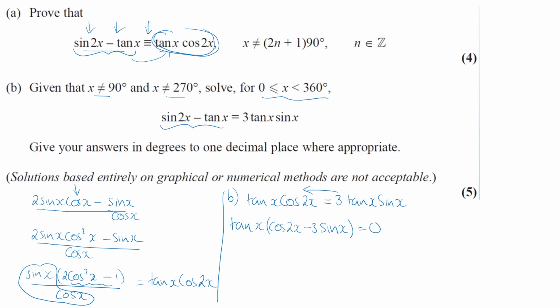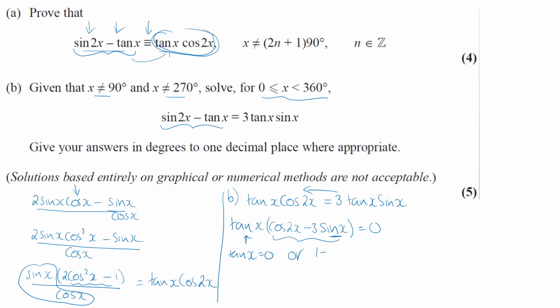Two things timesing to equal 0, either the first thing does or this in the bracket does. So tan x is equal to 0, or what's in the bracket equals 0, and we can change the cos 2x and put it in terms of sine so that we can have a quadratic in sine. So cos 2x is 1 minus 2 sine squared x.